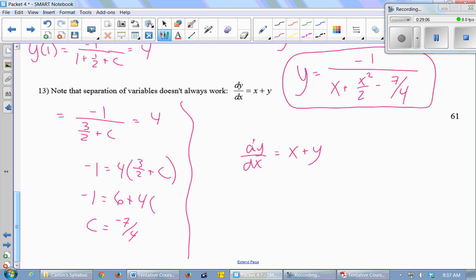Right, so, well, I have an x on the right, so maybe I multiply both sides by dx. So I'd have dy equals (x plus y) dx. Now there's no way to move the y without moving a dx also. I'd have to distribute the dx to divide by y dx, and then I put a dx back on the other side. There's no way to separate this.